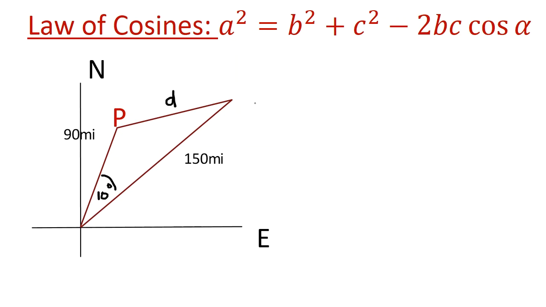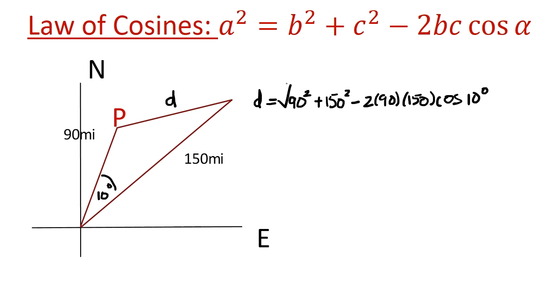I'm going to use the law of cosines to do that. So D is going to be the square root of 90 squared plus 150 squared minus 2 times 90 times 150, all times the cosine of 10 degrees. Take that whole square root.